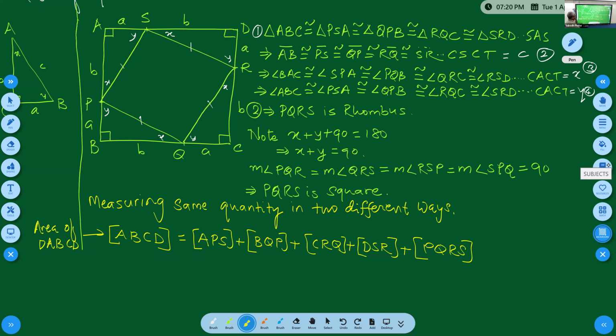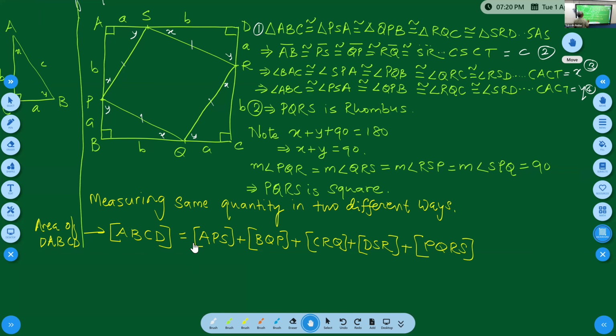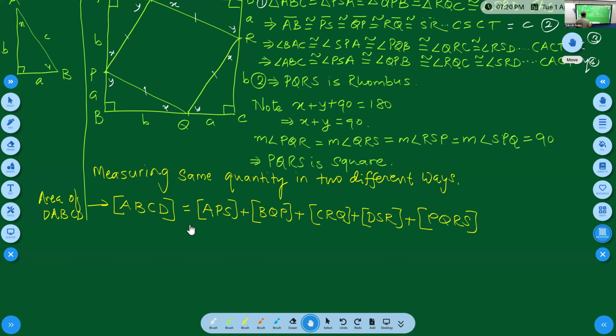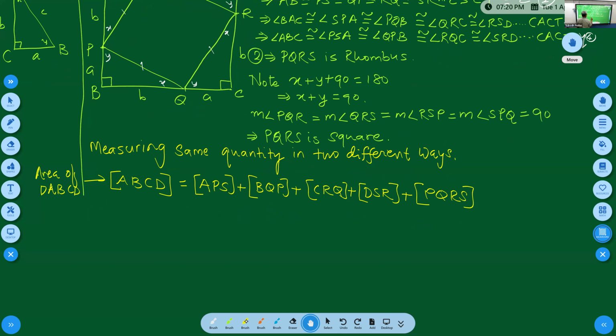So till this point we do it on board, and then after this we allow students to do the simplification and calculations, and then after a couple of steps you will get an identity. Get me the identity when we simplify.